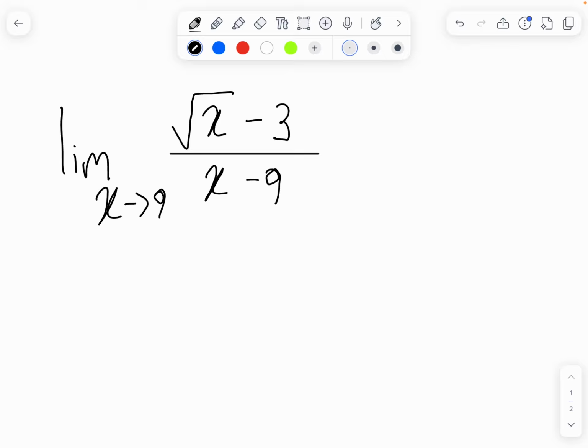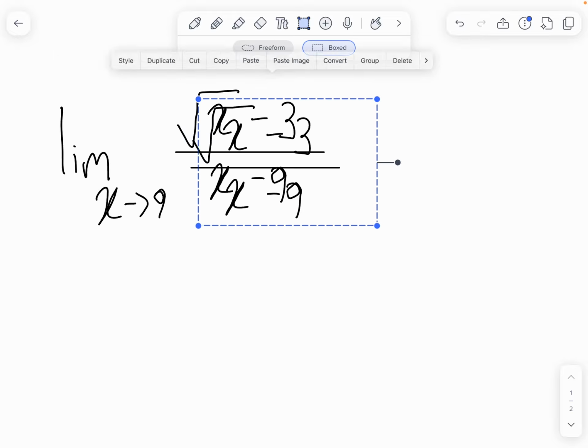So just plug in the value, and if we plug in 9 to the equation, we see that we get 0 over 0. So we can't do that because 0 over 0 is undefined. So we need to simplify this.